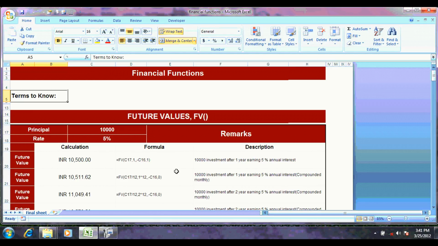Now, starting with financial functions, there are a few terms which I would like you to know. First is future value. Future value in simpler terms is, suppose you have invested some amount of money at a particular interest rate for a few years, what will be the future value of your investment?